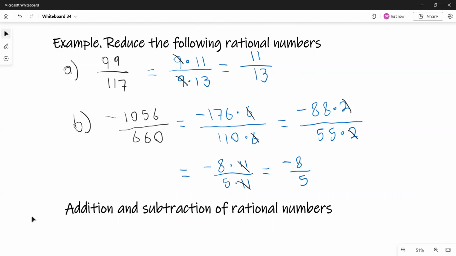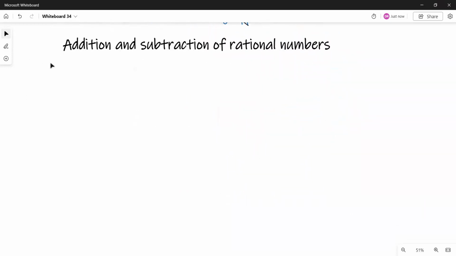Okay, so if two rational numbers have the same denominator, simply add the numerators.